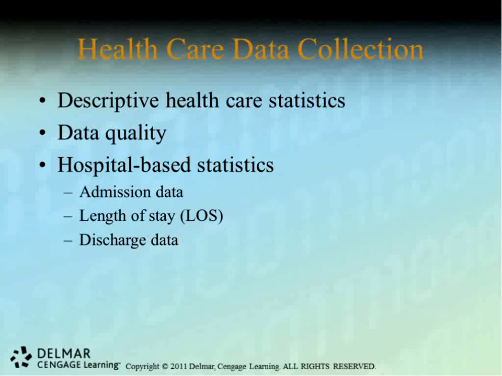Your HIM department usually has the responsibility for calculating those statistical measures and making sure they are accurate. A lot of that will be done in an automated system, and they have different times when they continually do these types of calculations.